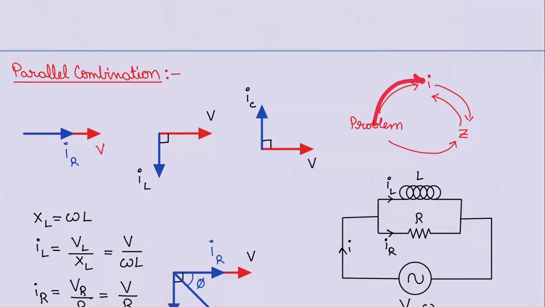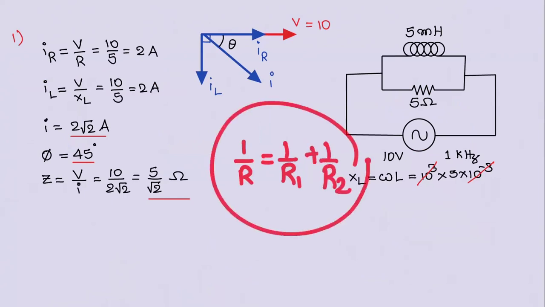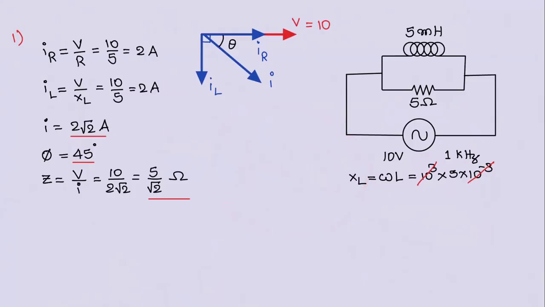Concentrate here. In parallel combination, we add reciprocal of resistance. In normal circuits, you know very well, 1 by R is equal to 1 by R1 plus 1 by R2, right? You add the reciprocal of resistance. Same thing here. Here also we add according to phasor, but we add the reciprocal.